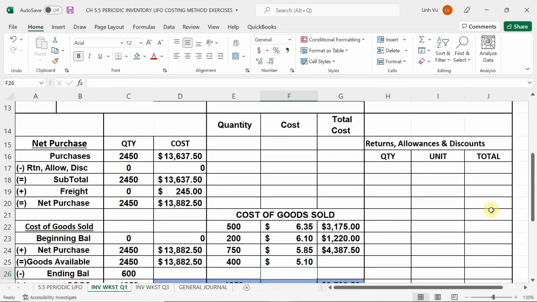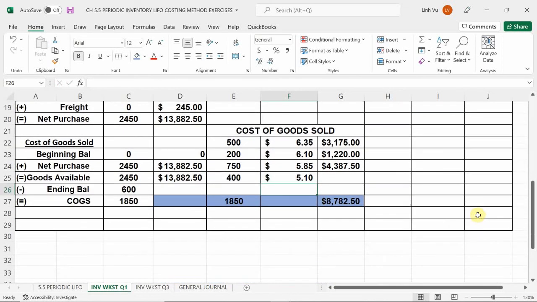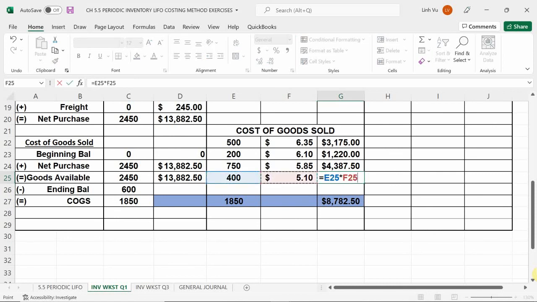So now I just have to figure out how much it costs me to sell 400 units at $5.10. This is where I now need to do a calculation. I can simply take my quantity times my cost per item, and that will give me a total of $2,440, okay?